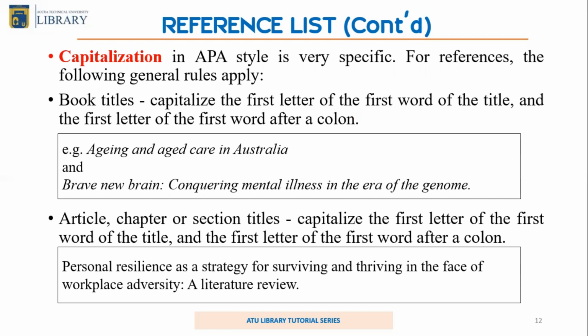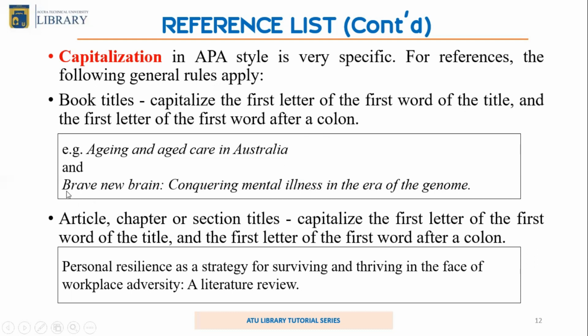When you talk about book titles, you capitalize the first letter of the first word of the title and the first letter of the first word after a colon. So, a typical example, we are saying that capitalize the first letter of the first word of the title. So that is what we have over here. We capitalize the first letter of the first word of the title and the first letter of the first word after a colon.